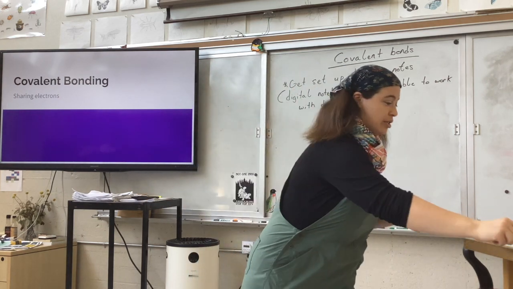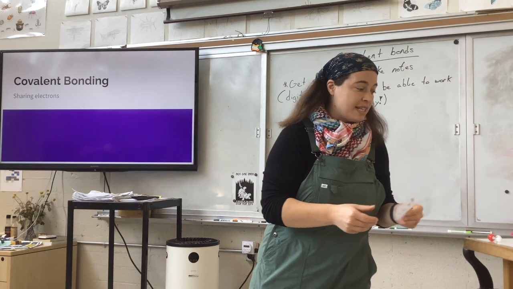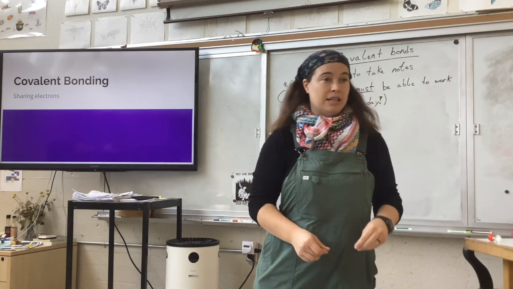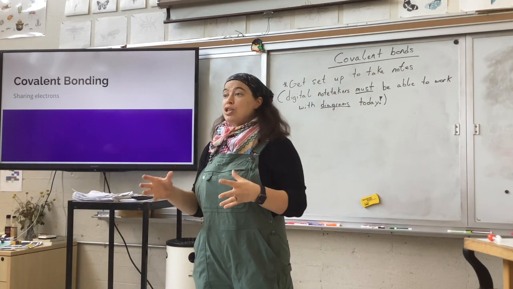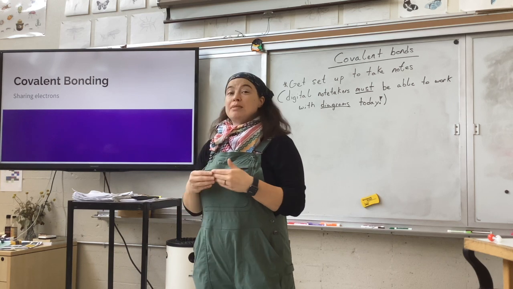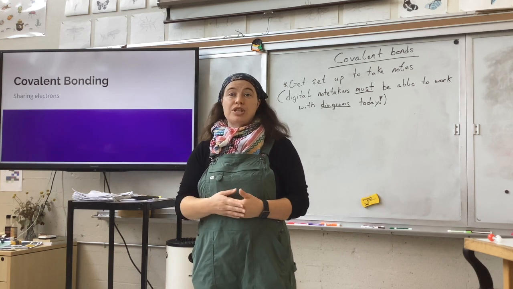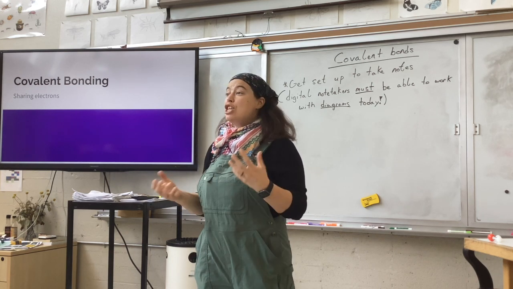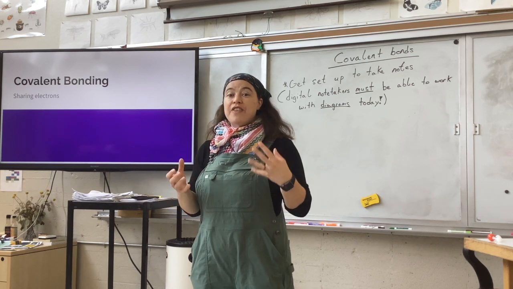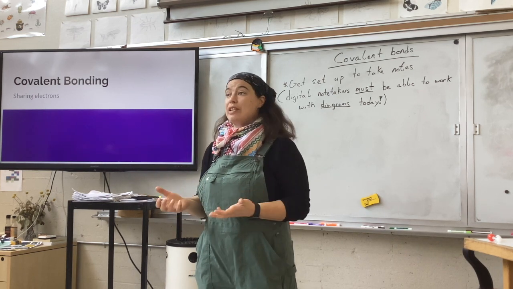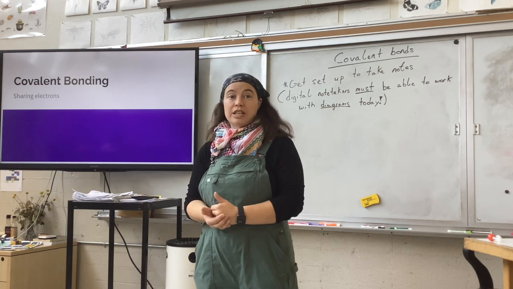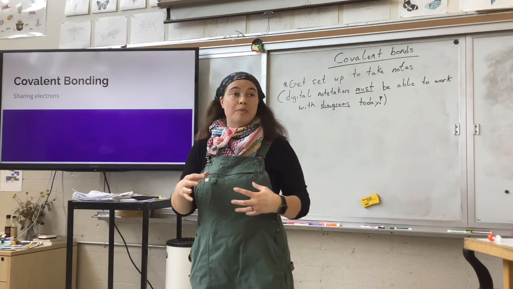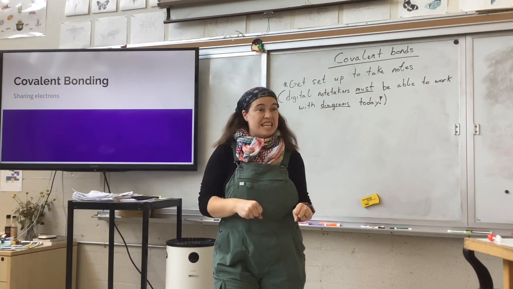Lewis structures have a huge advantage over planetary models for molecules specifically, because molecules, especially molecules that use covalent bonds, can be huge. And very quickly, if you're trying to draw planetary models of molecules, it can just get overwhelming and it's really hard to make the pieces fit together neatly.